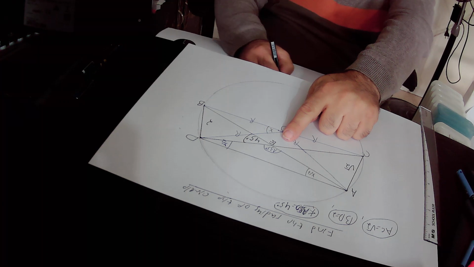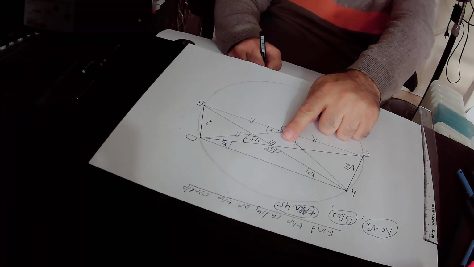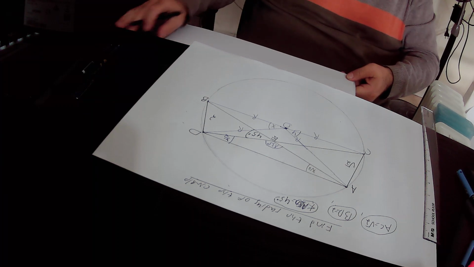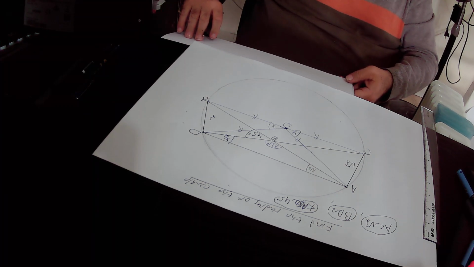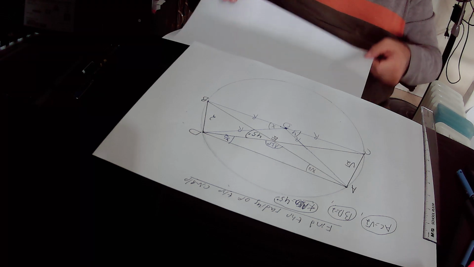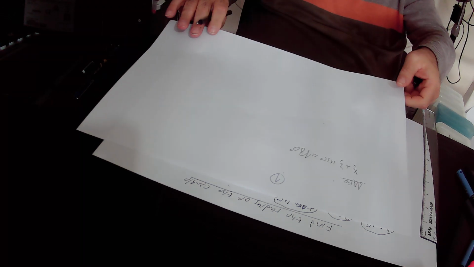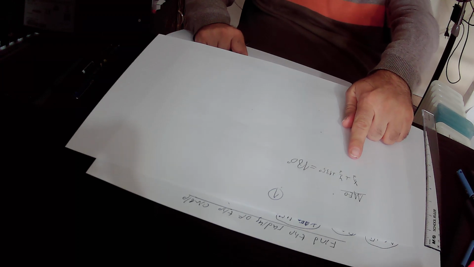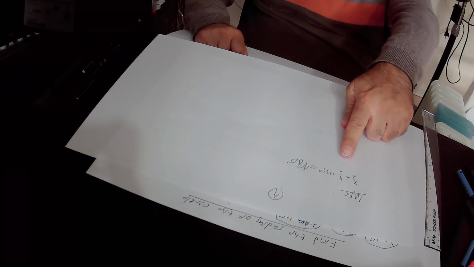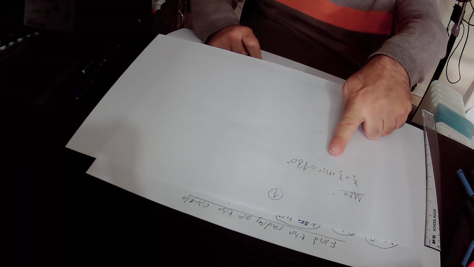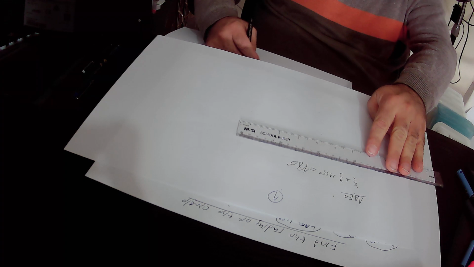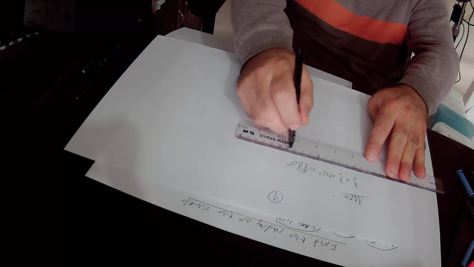In total, they must be equal to 180 degrees. Okay, repeat again. In triangle AED, the sum of the angles must be equal to 180 degrees. So x over 2 plus y over 2 plus 135 degrees must be equal to 180 degrees.